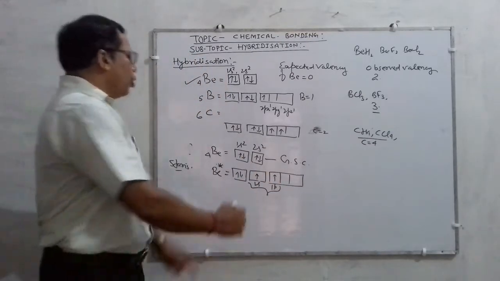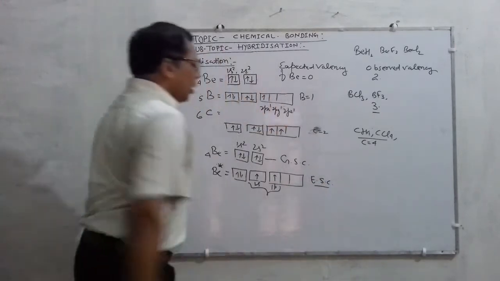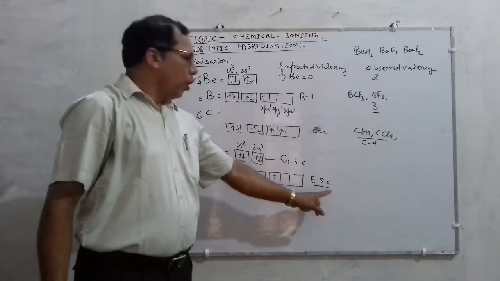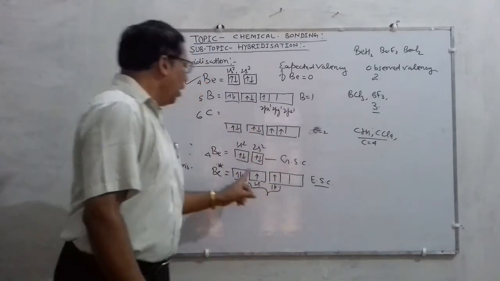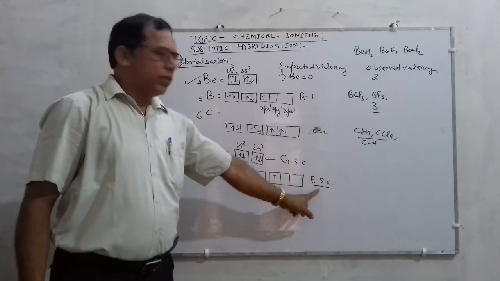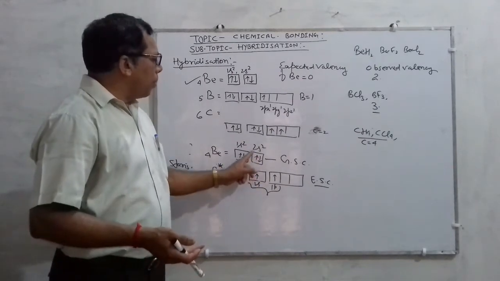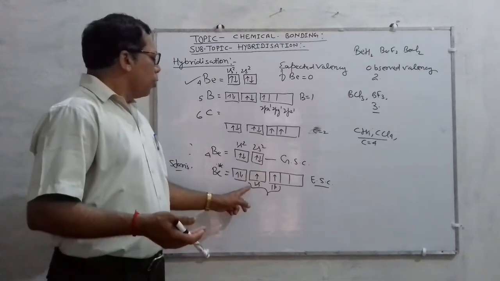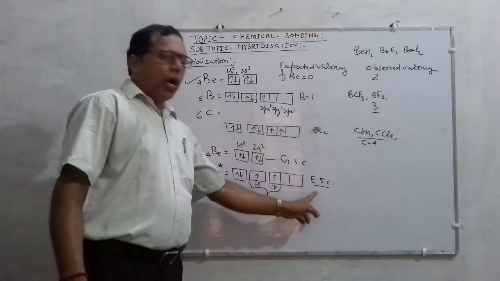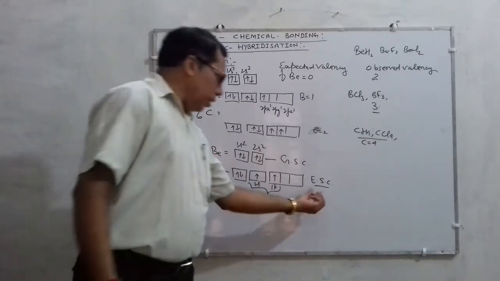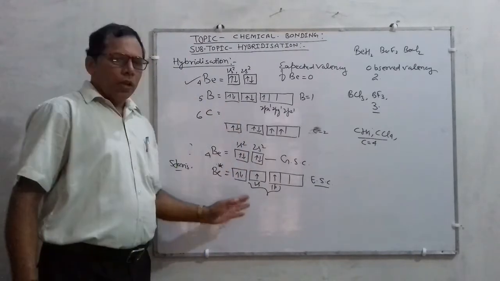This is the meaning. So you have to write the excited state configuration during hybridization. What is excited state configuration? The excited state configuration means the promotion of one electron of a paired orbital to the next vacant orbital. Listen once more.